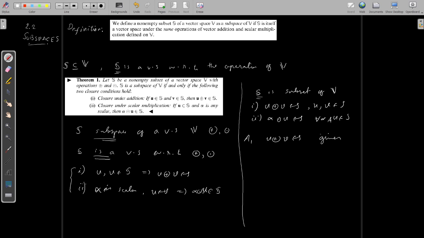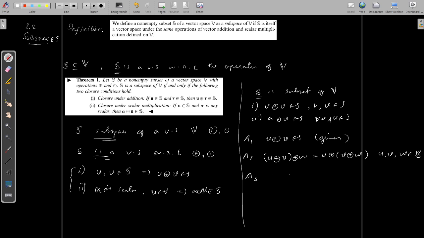The second one is associativity of the vector addition: u plus v plus w is the same as u plus v plus w, because u, v, w are elements of V, so this holds. If you choose these from S, as they are elements of V, this trivially holds.